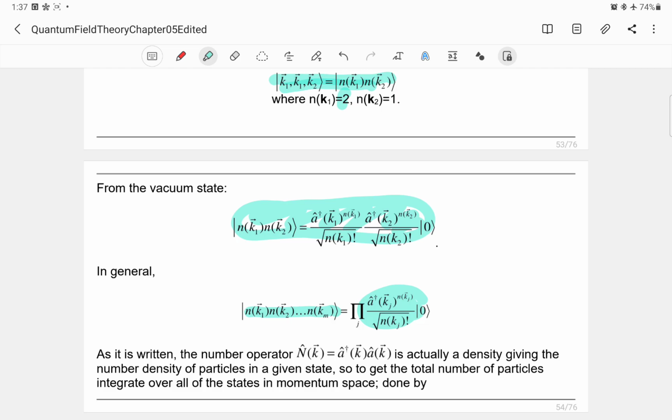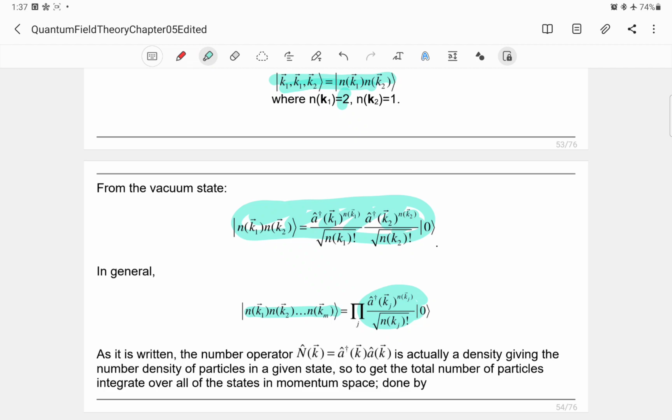So as it is written, the number operator nk, which is just a adjoint a k, is actually a density giving the number density of particles in a given state.